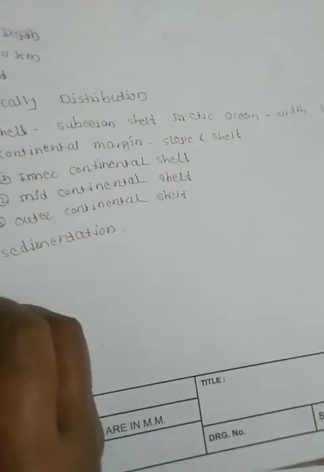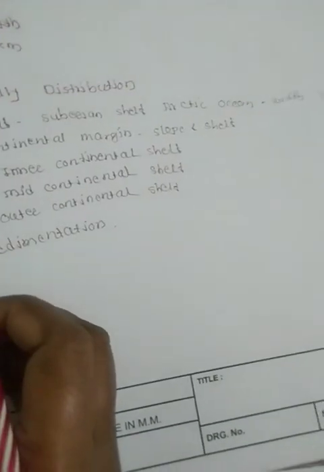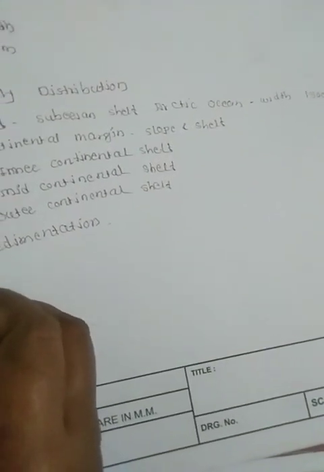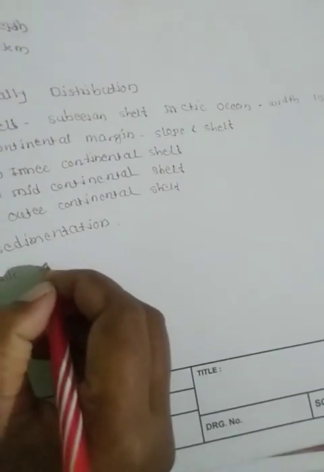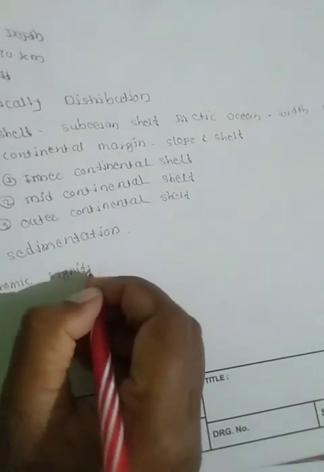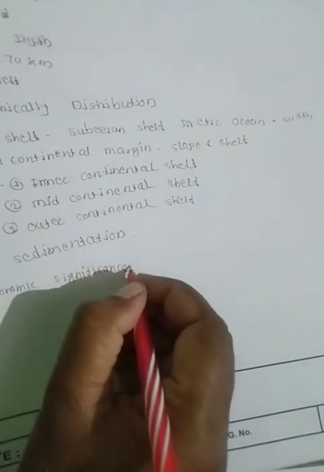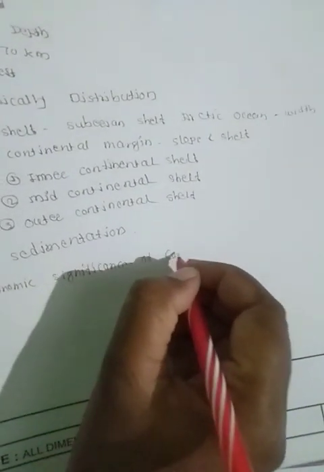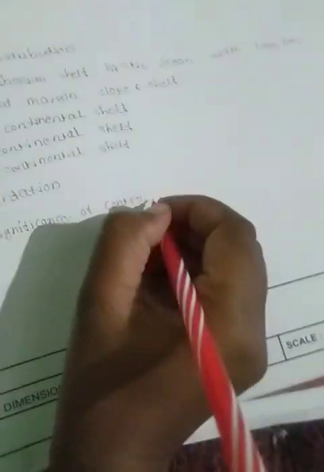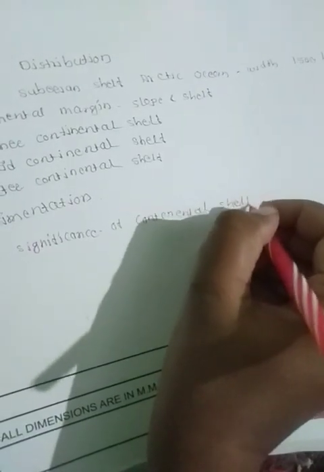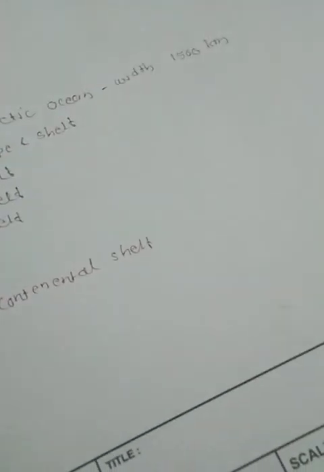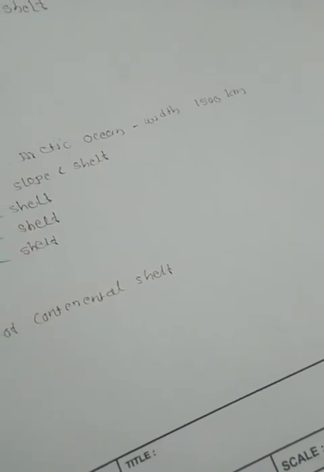So the last point is the economic significance of the continental shelf. The continental shelf is the best understood part of the ocean floor.